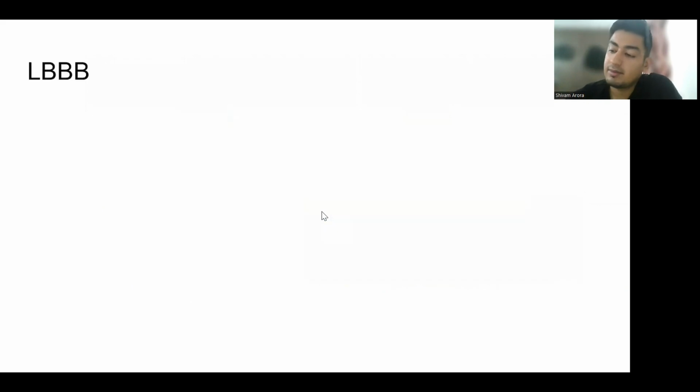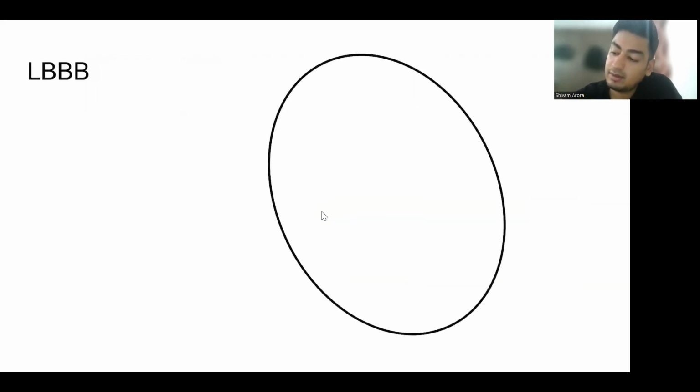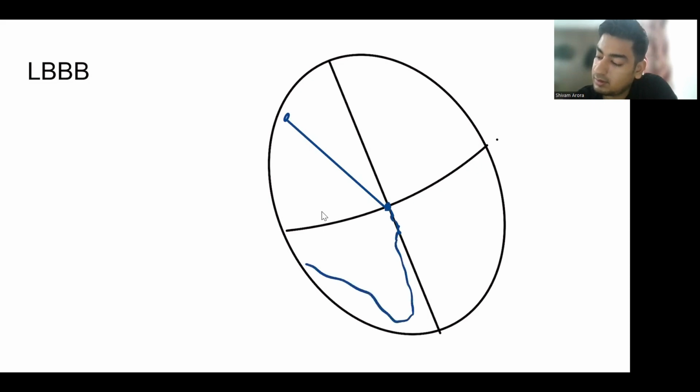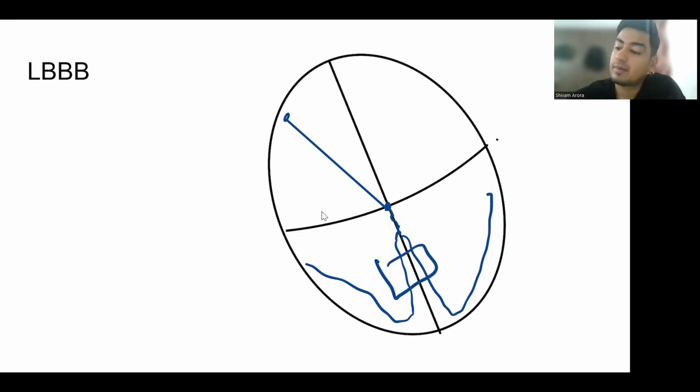Now let us discuss LBBB. Let us look in respect of lead V1 first.